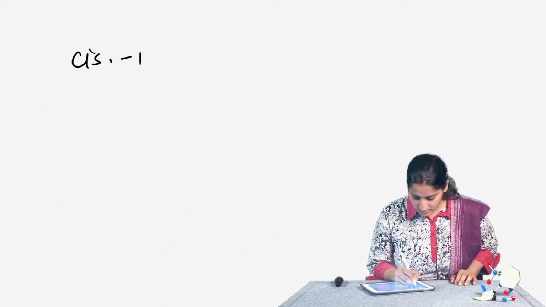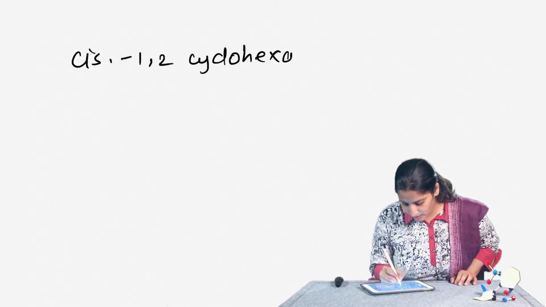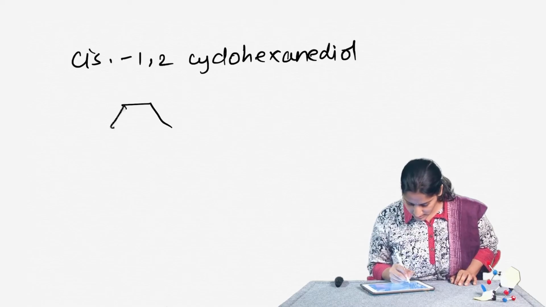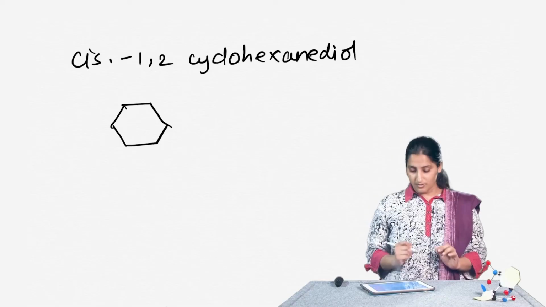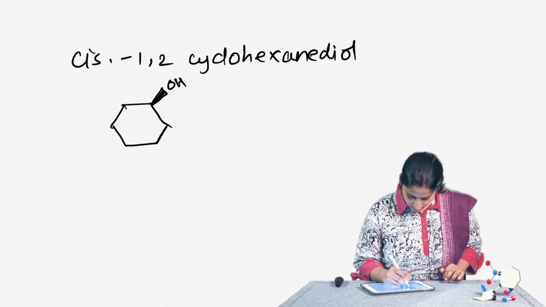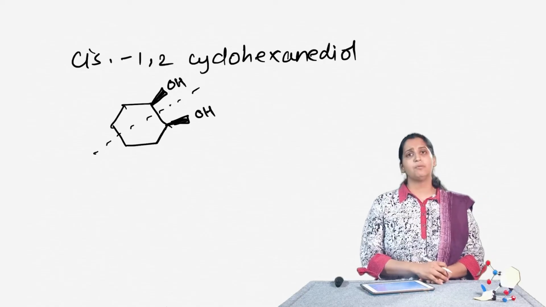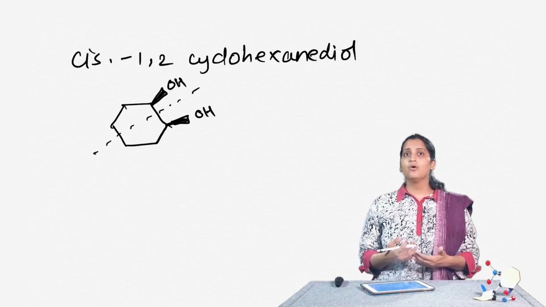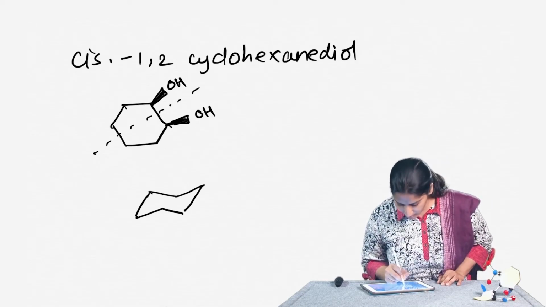Okay. So, now what I am going to take is cis 1,2 cyclohexanediol. Right. So, in this case, right, now you can imagine, there is kind of a plane of symmetry, but as I said, always try to convert it into the chair and see if it really exists as a plane of symmetry in a 3D form.